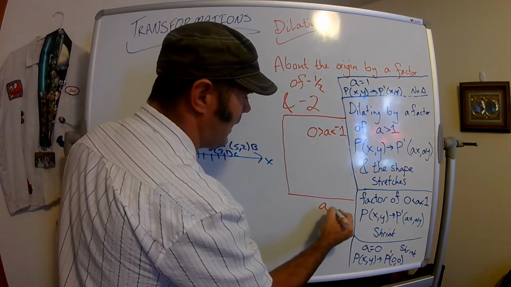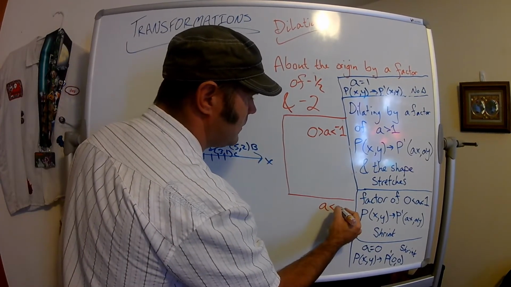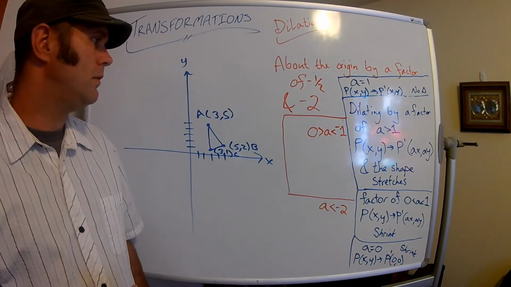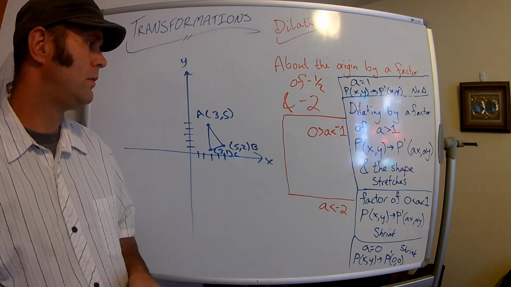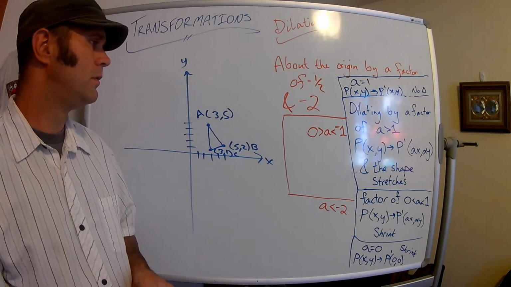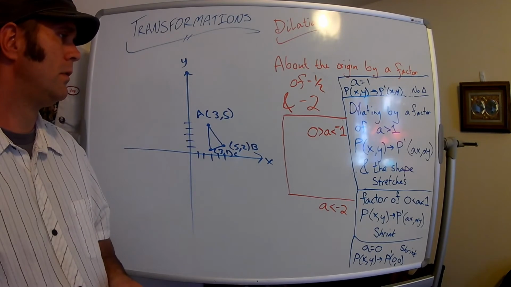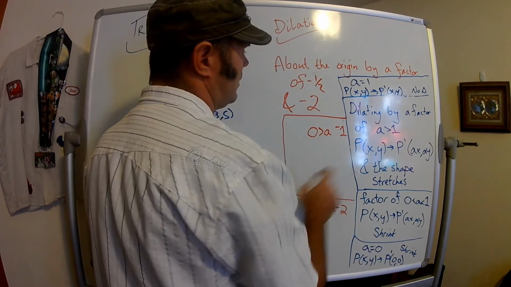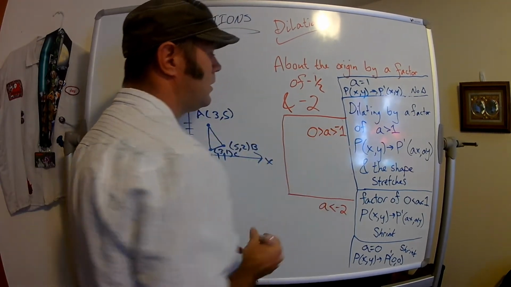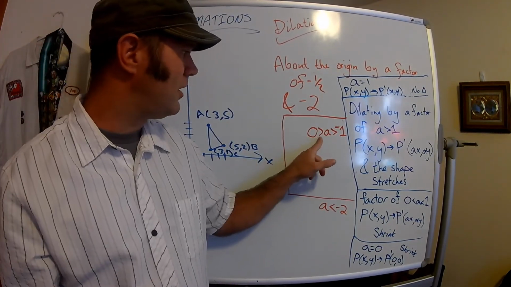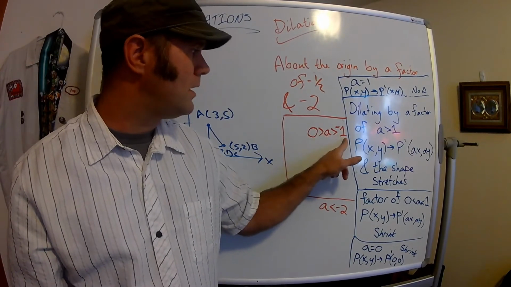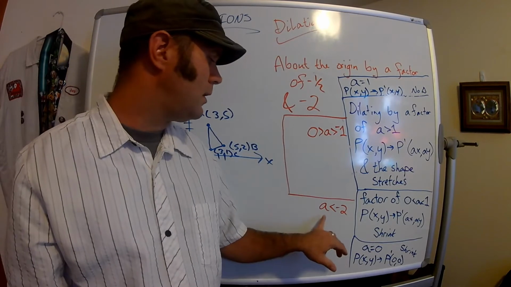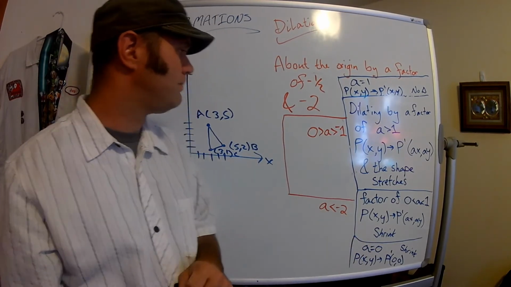So that's when a is less than -2. Oh, I switched these around. That's why it looks so weird to me. There we go. A is less than 0, but greater than -1. And then here, a is less than -2.